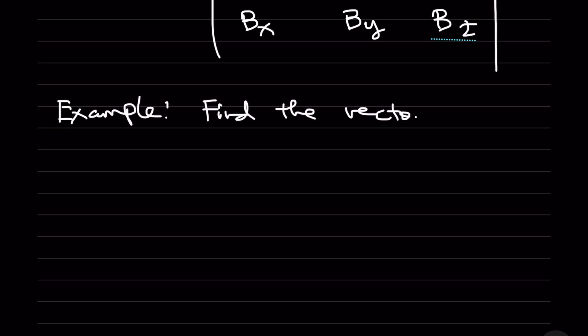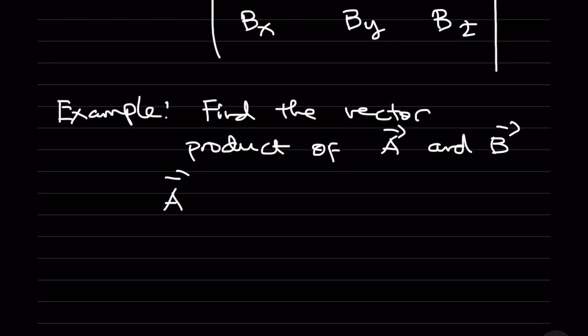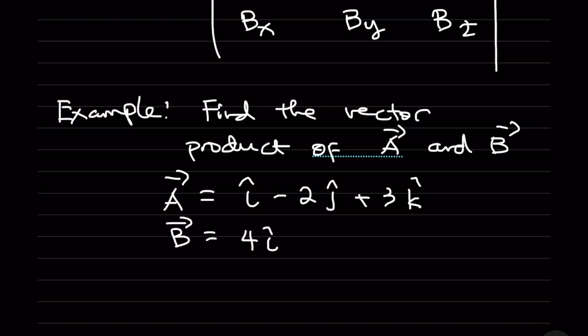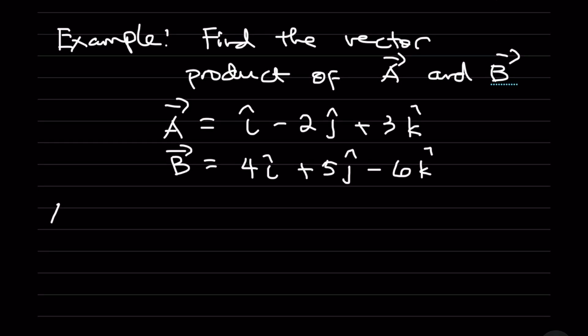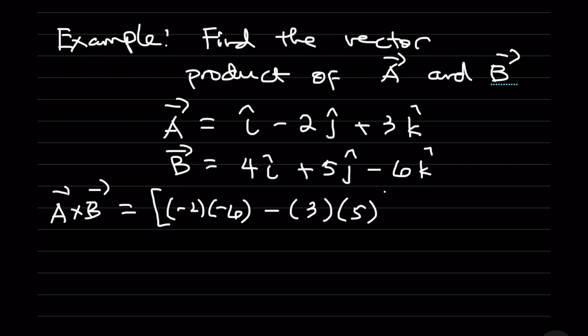Let us solve an example. Find the vector product of A and B such that vector A is equal to i hat minus 2j hat plus 3k hat, and vector B is equal to 4i hat plus 5j hat minus 6k hat. So the cross product of vectors A and B is equal to this.